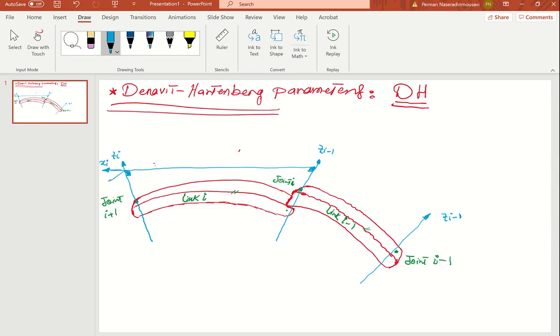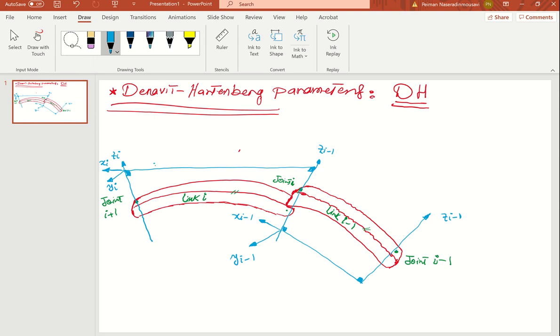So the right hand rule gonna be Yi. Understand? The same here, I'm continuing because I have to teach you. Here gonna be again a line that is normal to both. Okay, like this and like this. So this is gonna be Xi minus 1. So based on the right hand rule, it's gonna be Yi minus 1.